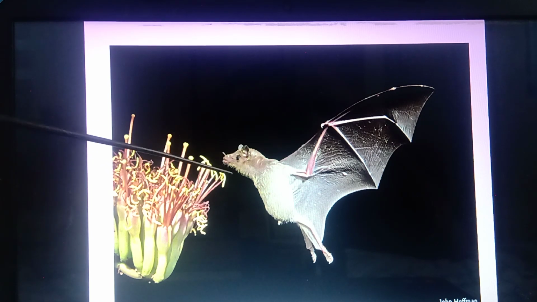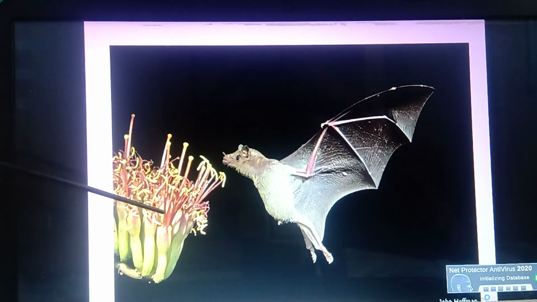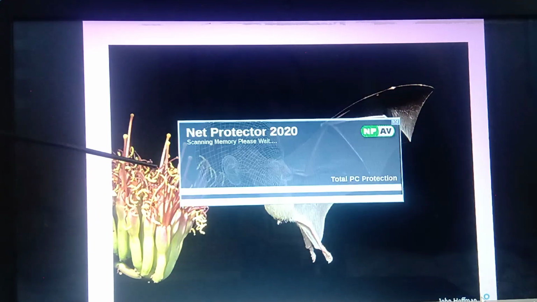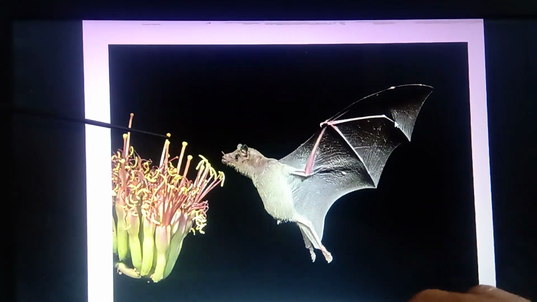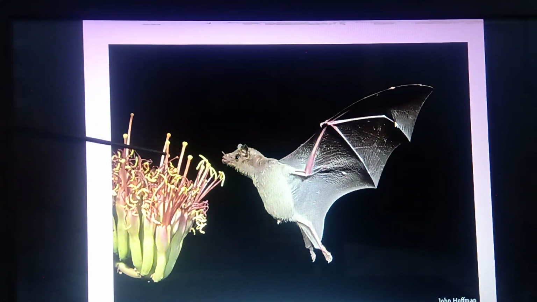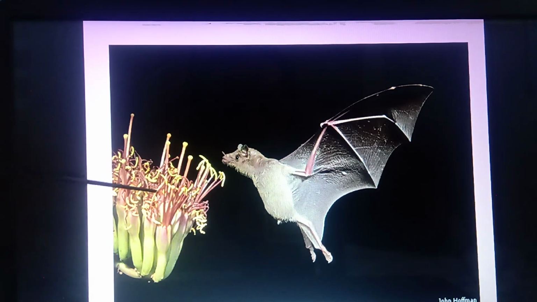Next, as the bat is going to visit the flower, it should fulfill its hunger. That's why the flower should produce a large amount of nectar to fulfill the need or hunger of the bat. The next, this flower produces a very large number of pollen grains, and pollen grains are also edible, which can be taken by the bat as a food material.